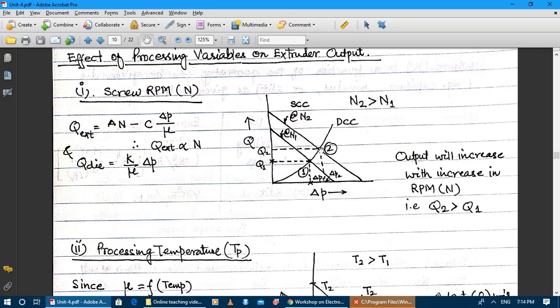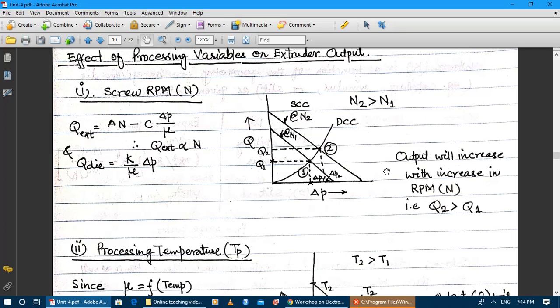At the same time, the pressure drop across the die, ΔP, will also be higher compared to the pressure drop corresponding to point number 1. So by increasing the RPM, output will increase.